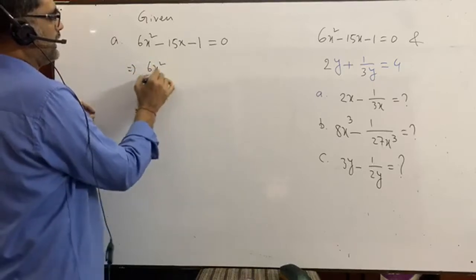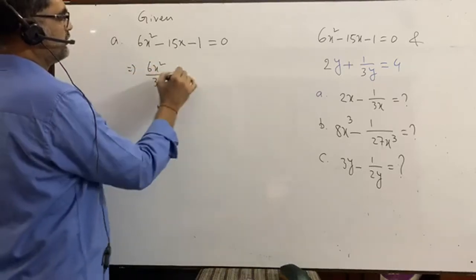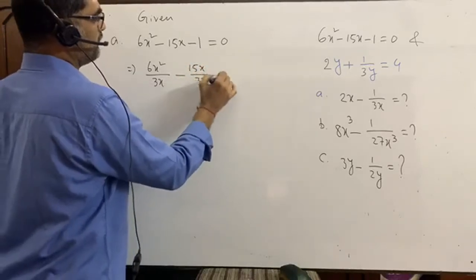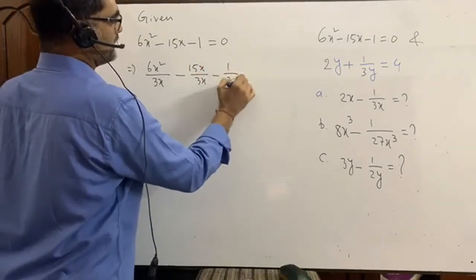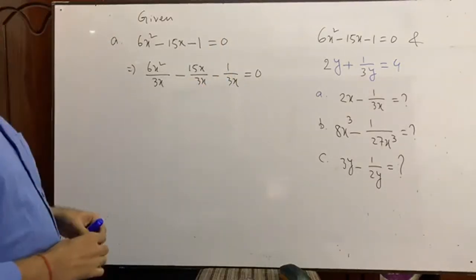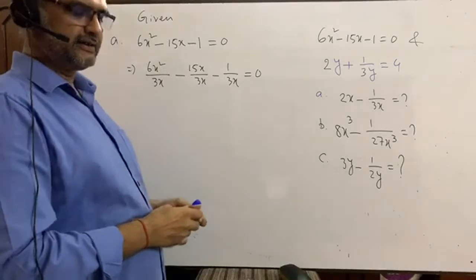6x square by thrice x minus 15x by thrice x minus 1 by thrice x is equal to 0. I have divided all the terms of both the sides by thrice x.